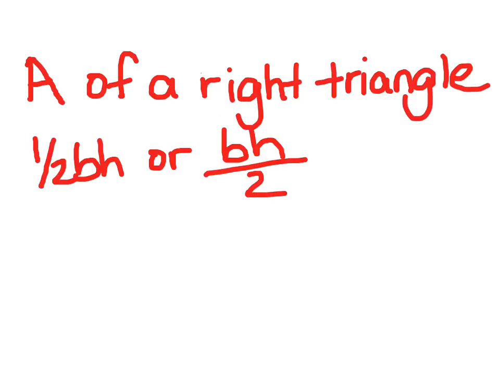Okay. So I'm going to identify the sides of a right triangle. Now, one of the things about it, sometimes they'll give you the right triangle upside down, and it would look like this.